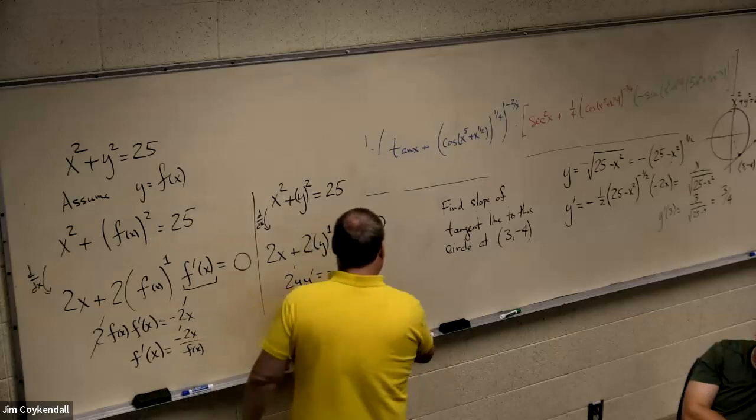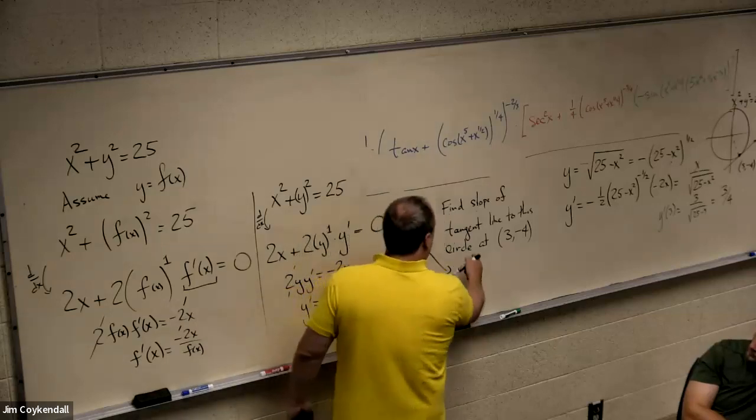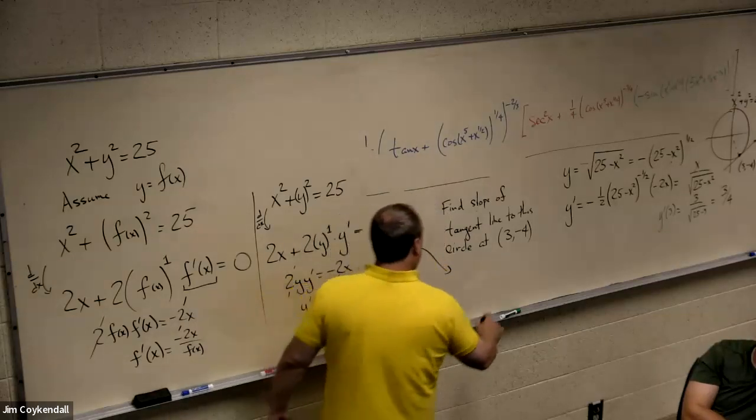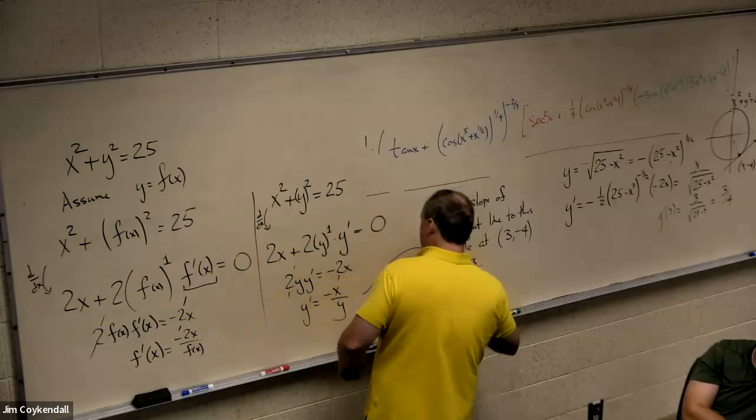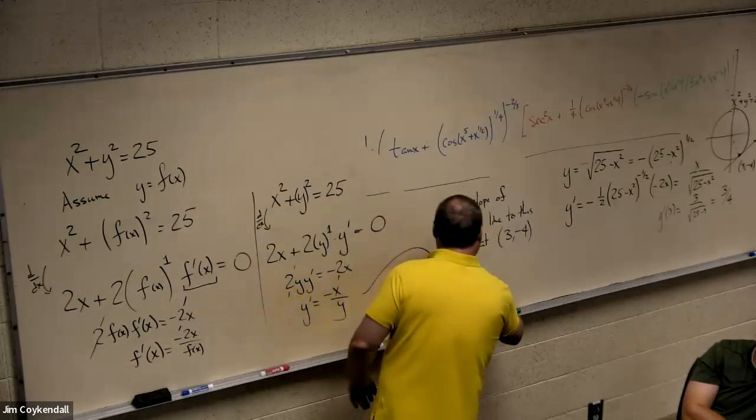Now notice, when I plug in the point of the circle, x is -3 and y is -4.